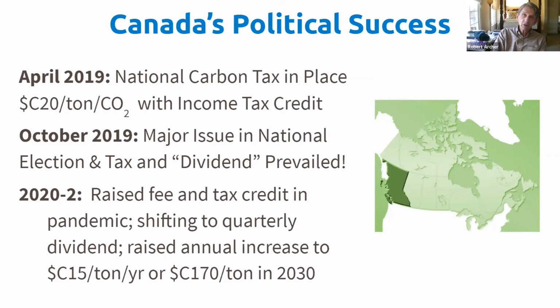And they have set a goal of a carbon tax of $135 a ton by 2030. $135 a ton. 90% of the tax revenues are now returned to households through a tax credit, and most households come out ahead.